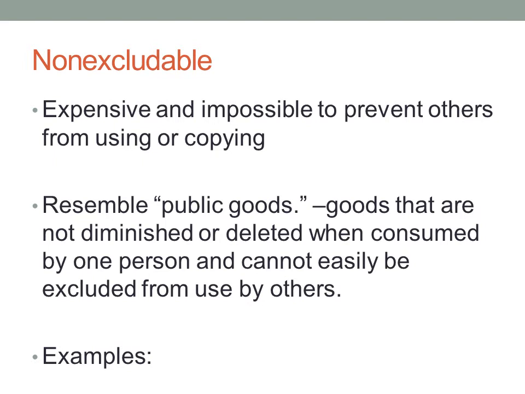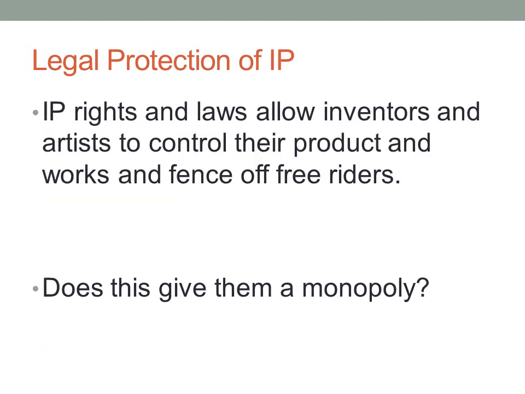Information can't be depleted with overuse, and it's very hard to exclude people. So our intellectual property is non-rivalrous and non-excludable. It's comparable to public goods, which leads us to why we need legal protection of intellectual property.